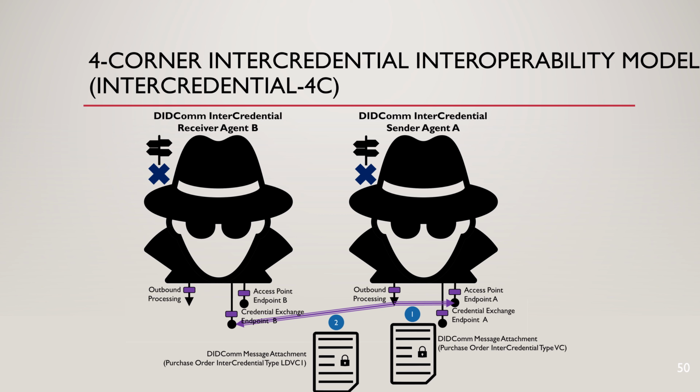Then the next thing that's going to happen after the access endpoint A has transformed that VC internet credential type into an LDVC1 internet credential type, the outbound origin of the sender is going to send that over to the credential exchange endpoint of the receiver. That's step number 2.